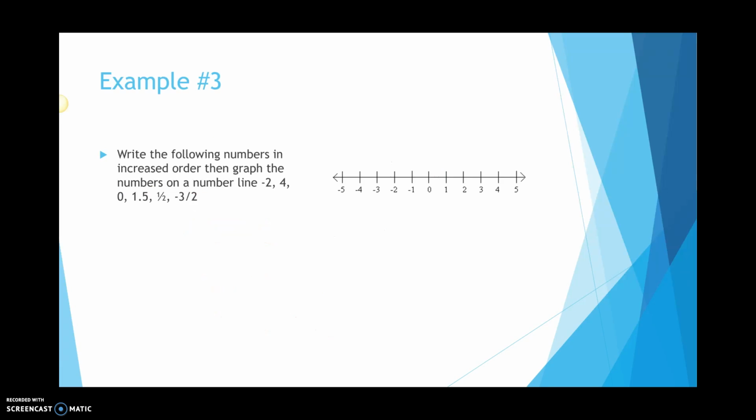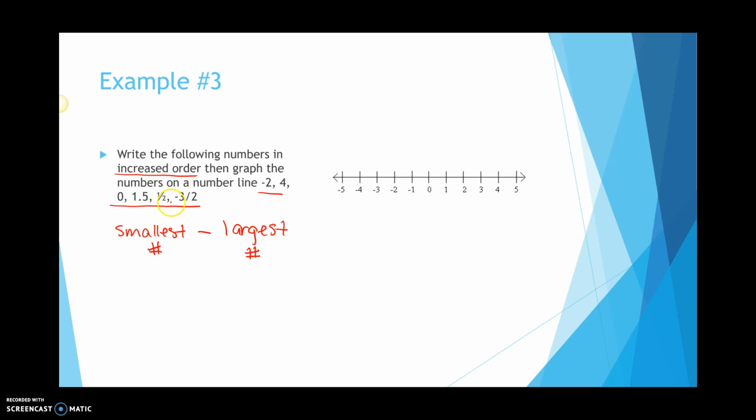Now example number 3, very similarly, we want to write the following numbers in increasing order and then graph them on the number line. So we're going to first write them in increasing order, which means from smallest number to largest number.